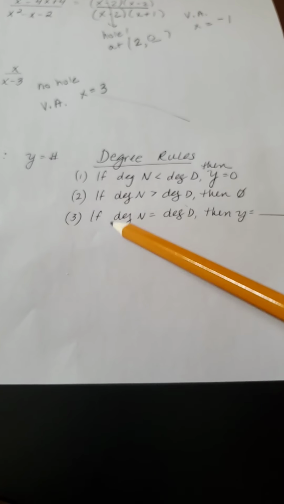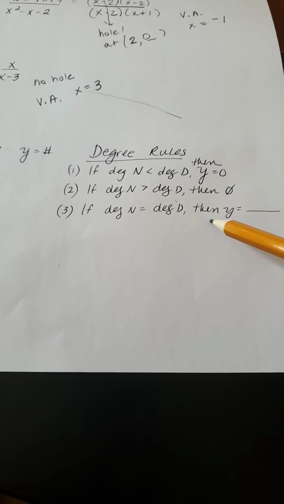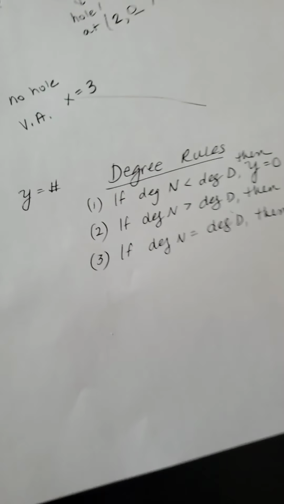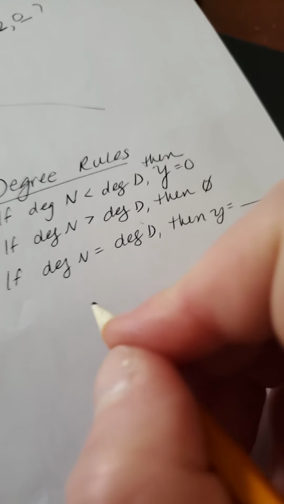And lastly, if their degrees are equal, then the horizontal asymptote is y equals, you ready? There's not really enough space to write all this.